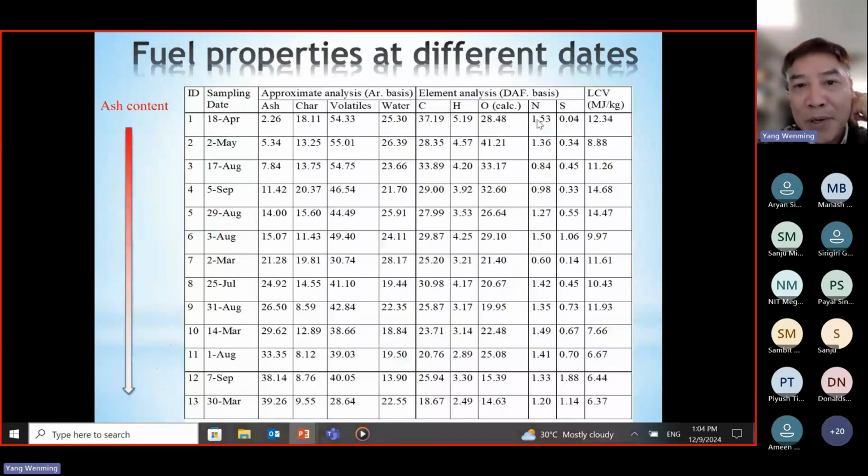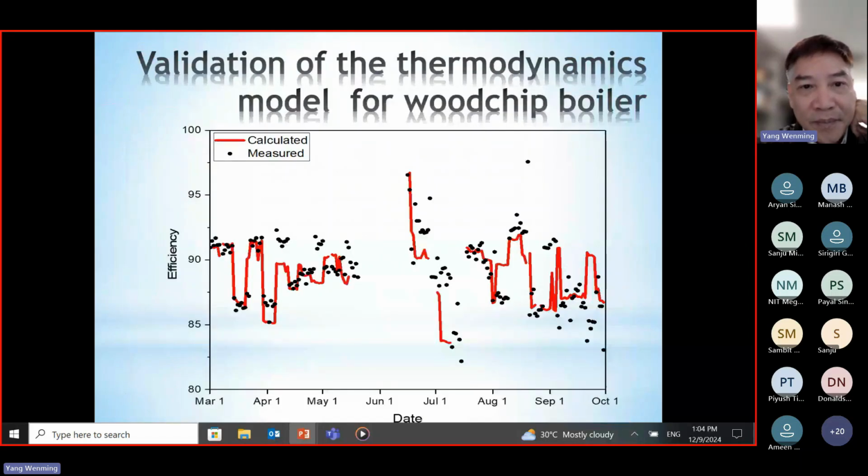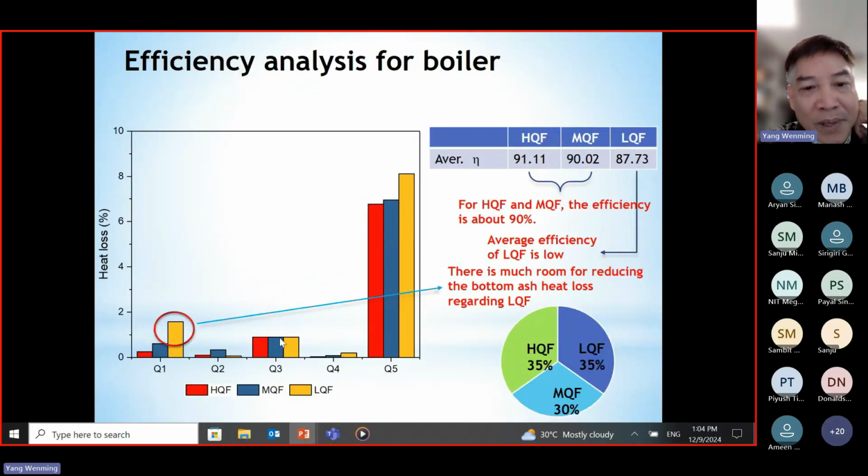The second one is due to unburnt CO, the CO content in the exhaust gas. The third one is the heat loss to the external surface. The fourth one is due to the carbon content in the bottom ash and the fly ash. And the last one is the stack loss, the heat content in the exhaust gas.